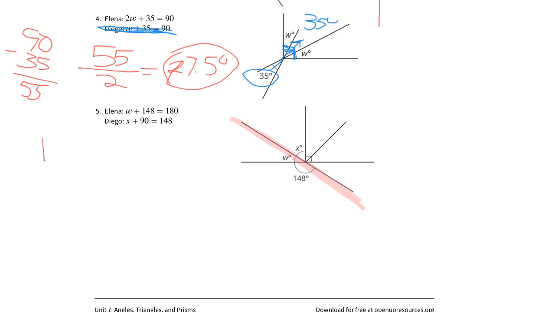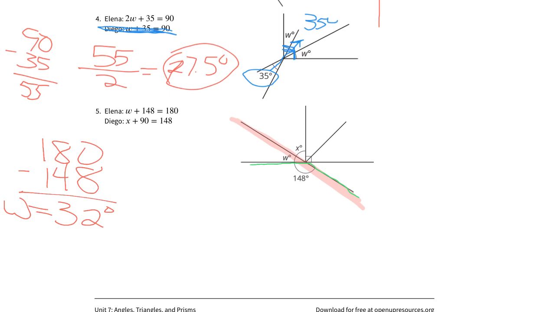So if I go 180 minus 148, I'll get 32 degrees equals W for Elena. Now, if we look at Diego, Diego says X plus 90 equals 148. So we notice here, 148 is right here, the green.